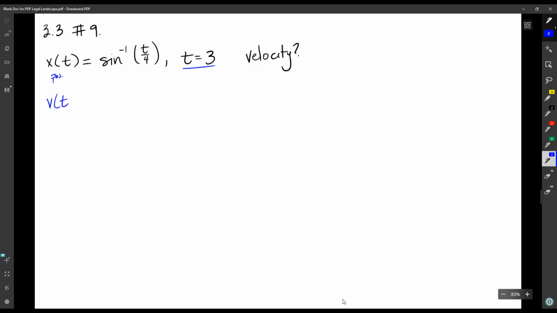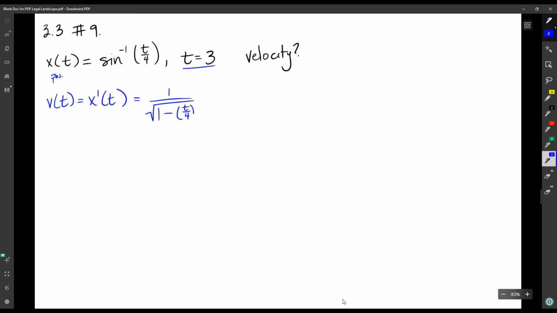So v of t we know will be the derivative of the position function. v of t is x prime. So we have an inverse sine function, and I know that the derivative of an inverse sine looks something like this: 1 over the square root of 1 minus what's inside the inverse sine quantity squared.